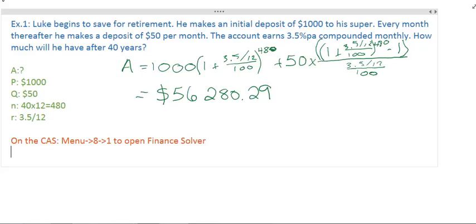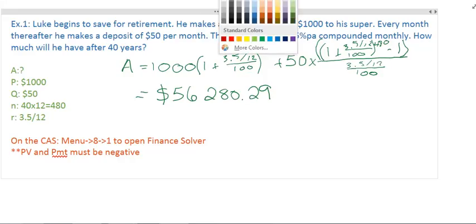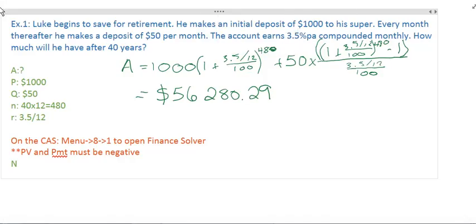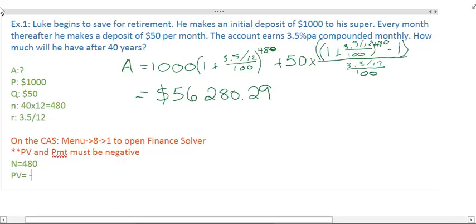Really important to remember, PV and PMT must be negative. So the values, if we do it on the CAS, your N is 480, your PV is negative 1,000. Sorry, the I goes first.